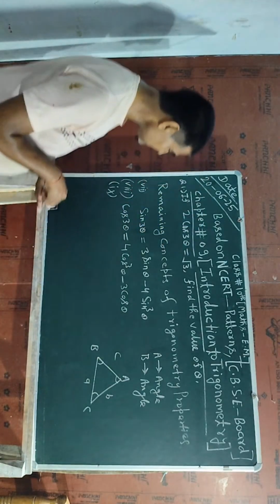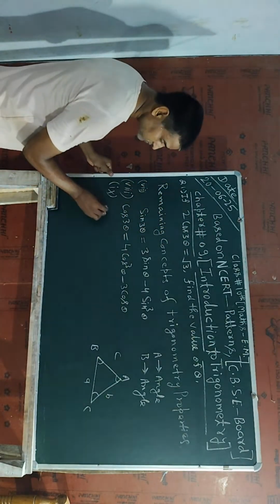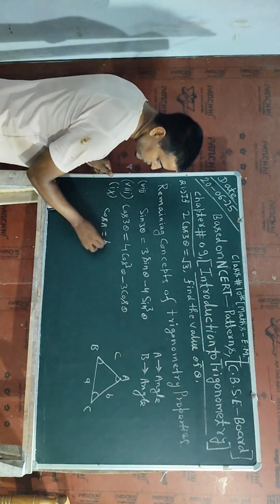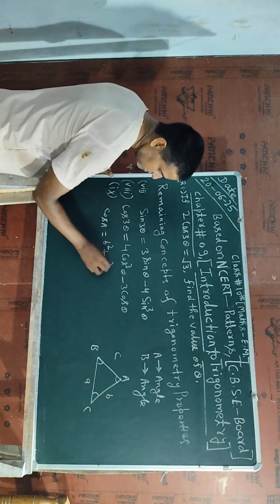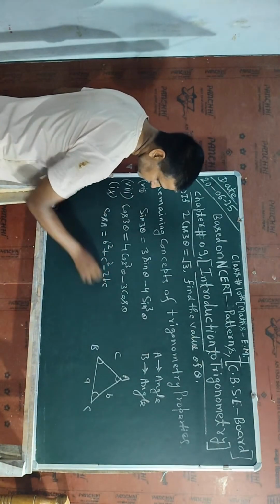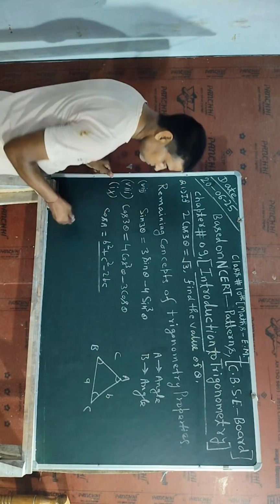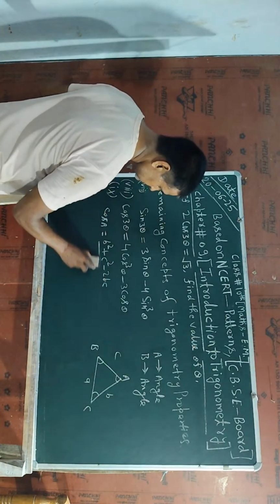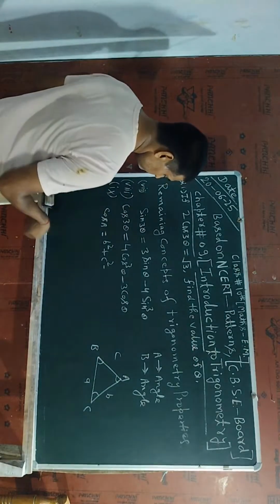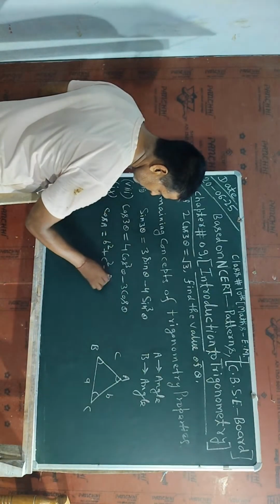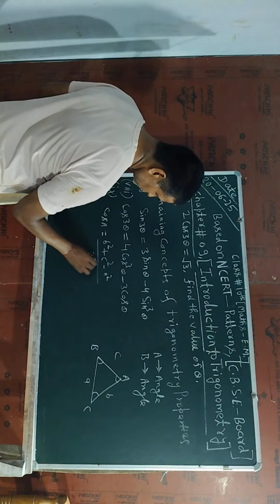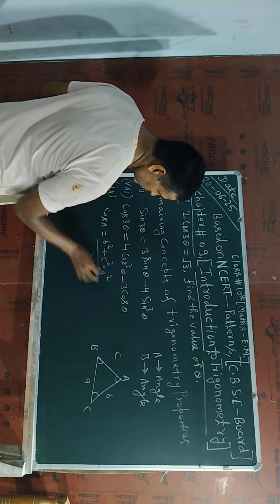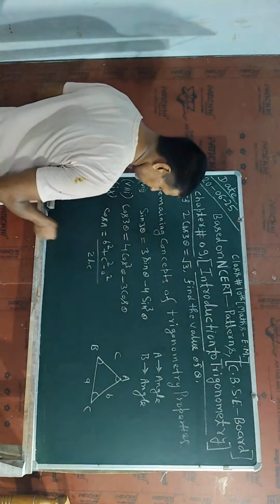By using the formula here, I will use for that: cos A is equal to b square plus c square minus a square divided by 2bc. So this identity I will use because the values of a, b, c are given.